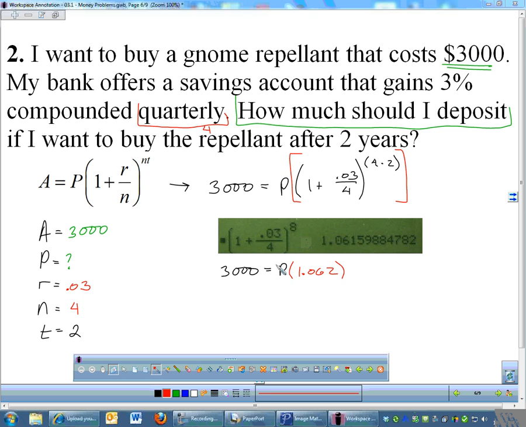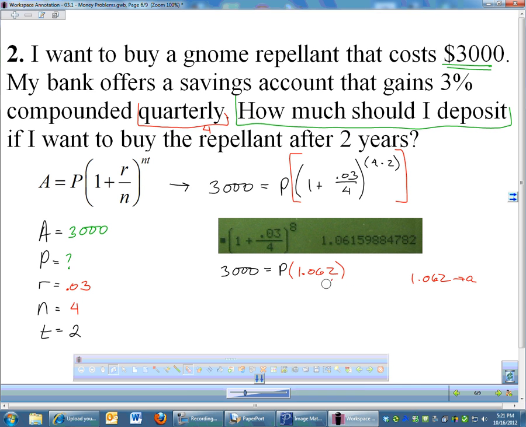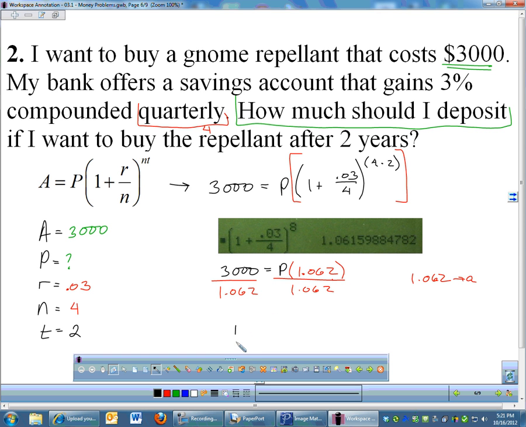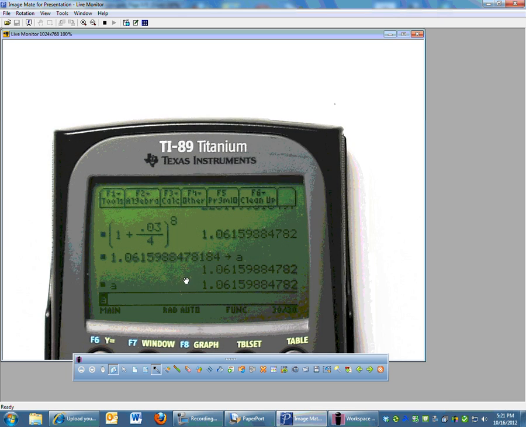So I'm going to make a note to myself that this is stored for A. So 1.062 is stored in my calculator as A, and now when I solve this problem, I will divide 3,000 by 1.062 and get a value for P. But in my calculator, I'm not going to hit 3,000 divided by 1.062.